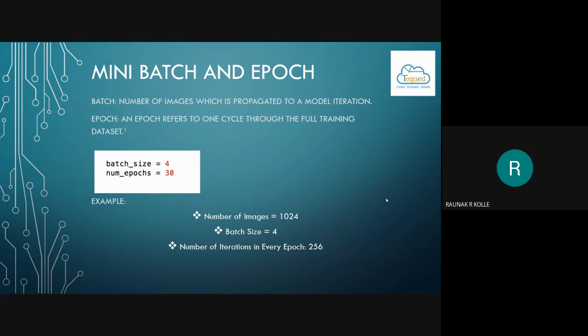The batch size being 4 and the number of epochs being 30. In this example, let's consider that the number of images is 1024. The batch size is 4 and the number of iterations in every epoch is 256.